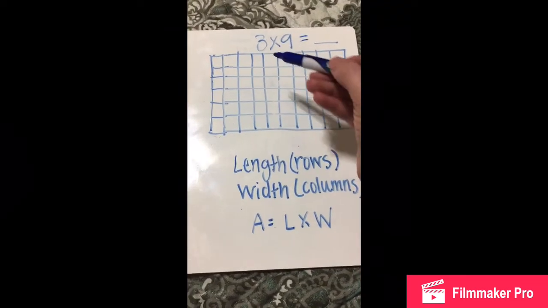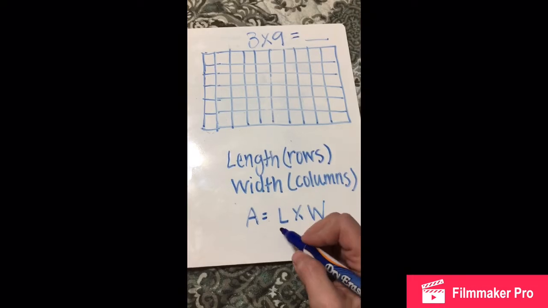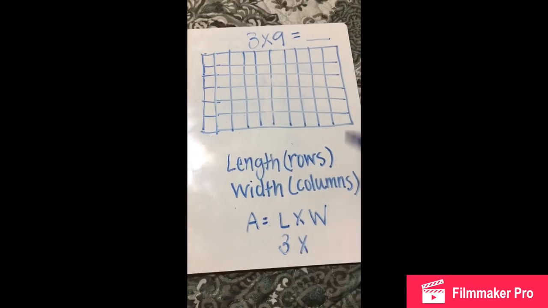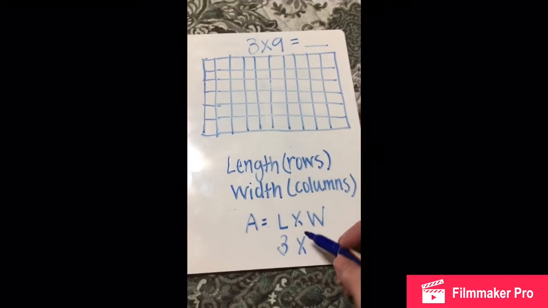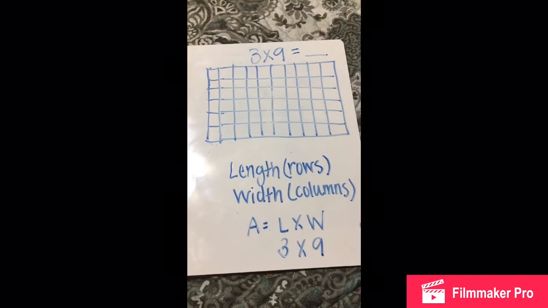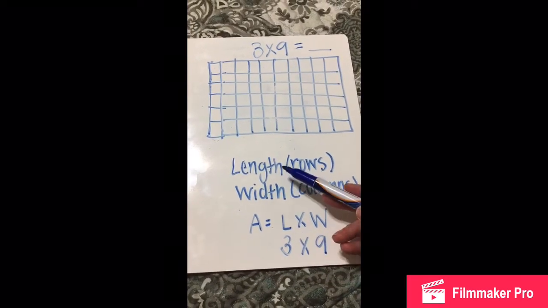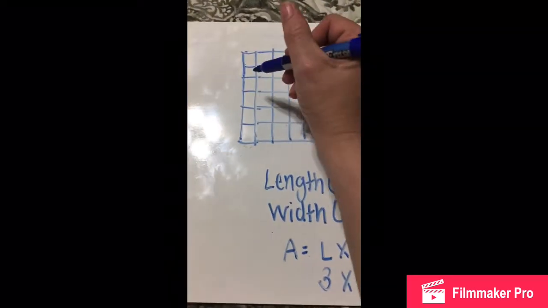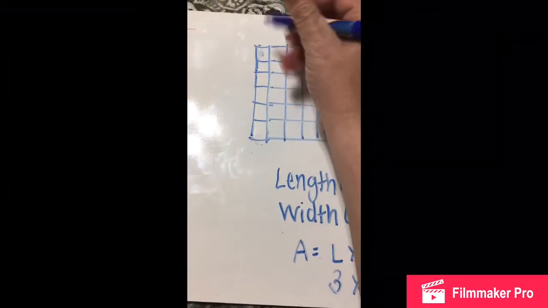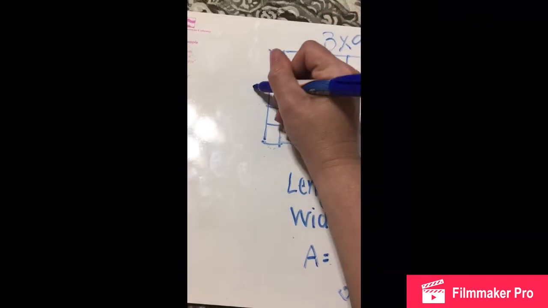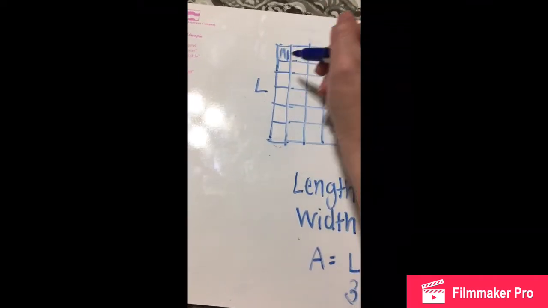So let's fill in what we know. Our first digit is 3. That is our length. Our second digit is width. So 3 times 9. So how many rows am I going to fill in? 3. So I'm going to go down, since that's our length, 3.